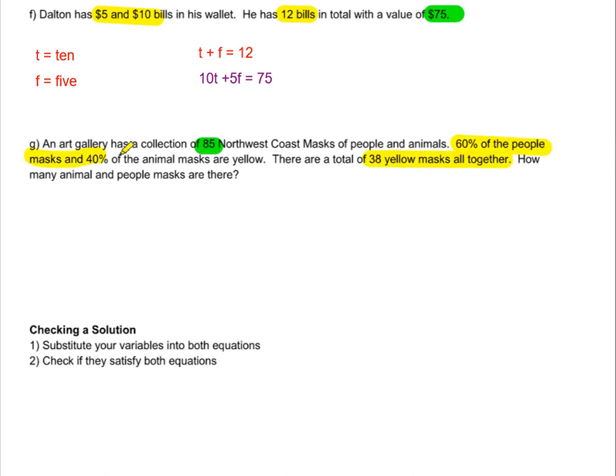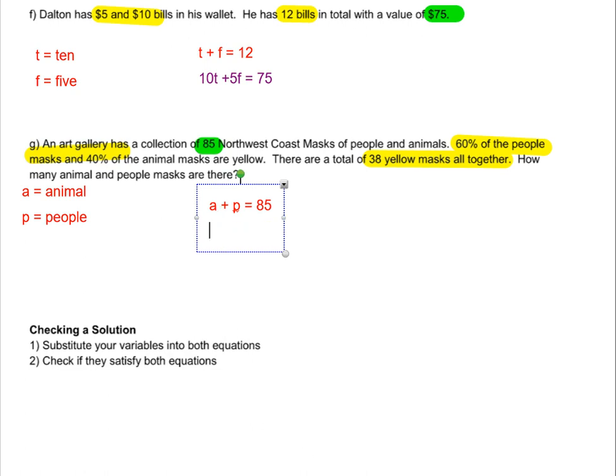So this here goes together. Now I'm going to have my let statement, and I'm going to say A is equal to animal, and P is going to equal the people masks. Now, if I took A, the animal masks, added the people masks to it, I'm going to get 85 total masks.